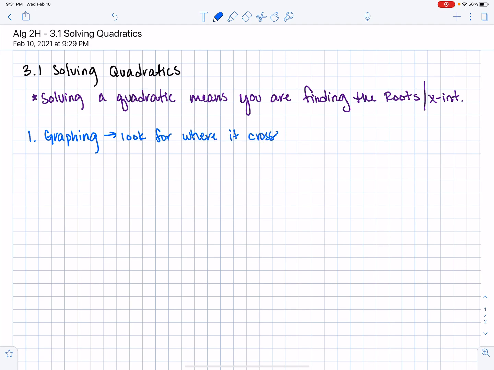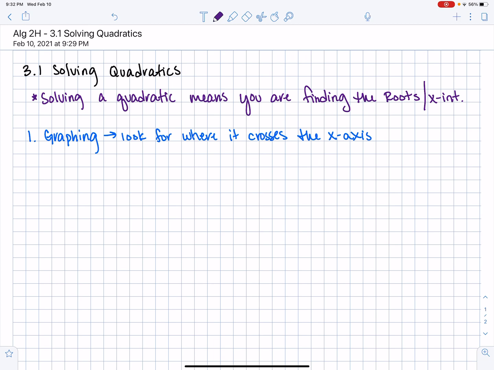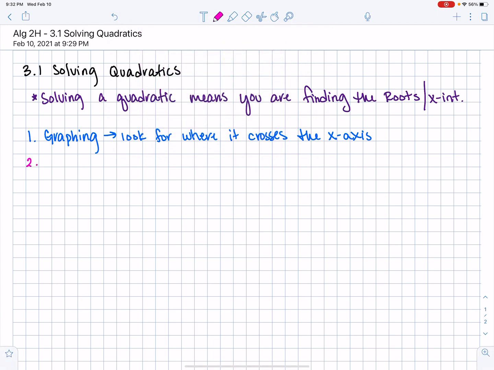And so far, they've been integers. So far, we've been able to know our roots just from graphing. However, as you know, we can sometimes have irrational or fraction answers.